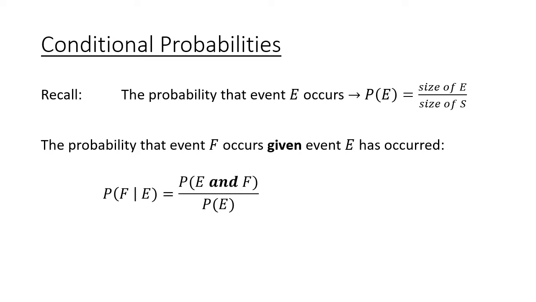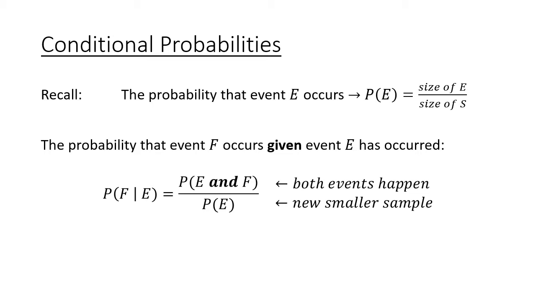Remember, probability is just the size of the event over the size of the sample. So if we're now talking about a conditional probability, our new sample is that given event. What's the probability that what's happened has occurred? That's my new sample. And then my event is that both events have to happen.